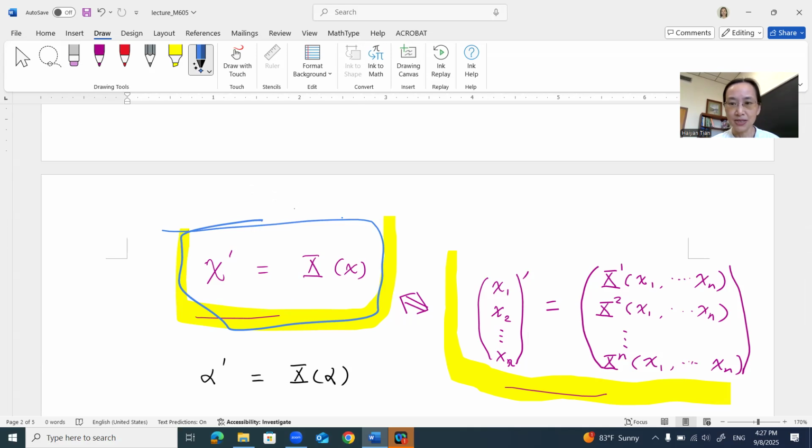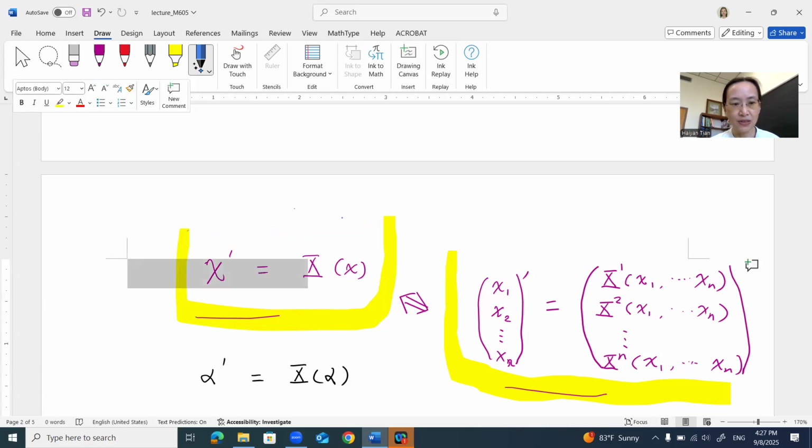That means if you substitute the alpha curve into either side of the equation, alpha derivative should be equal to capital X at alpha. Those are the conditions for alpha to be a solution of the system.